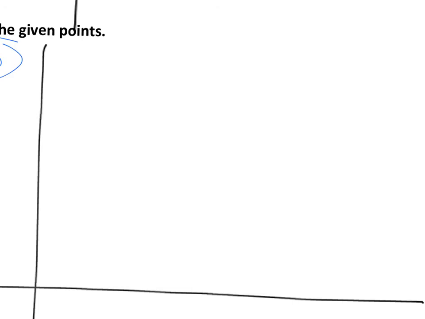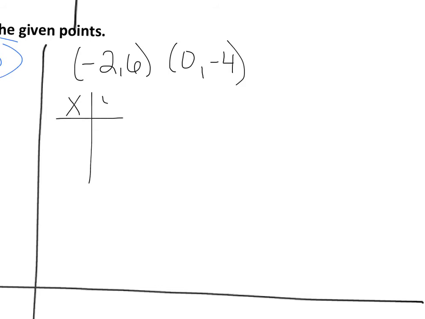Let's do another one together. Let's try negative 2 comma 6, 0 comma negative 4. Okay, I need two things to write the equation of the line. I need my slope and I need my y-intercept. If I just have 2 points, I know I can find my slope. So we're going to list out my x comma y, and we're going to list out the points.